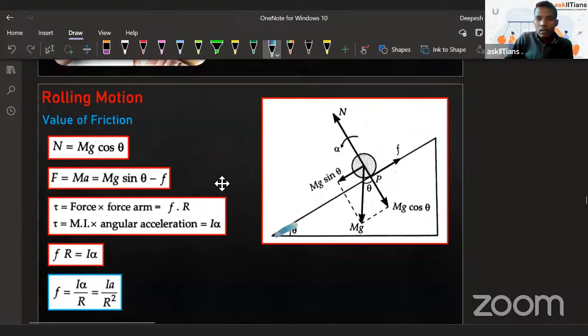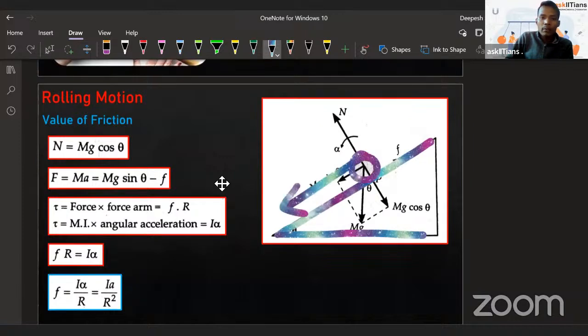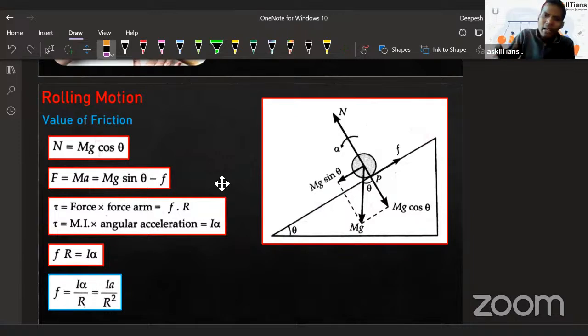This is a particular plane from which a body is rolling down like this. It can be any kind of body: a ring, a disc, a cylinder, a sphere, whatever. I will not make separate formulas for all of them. I will make a single formula that will work in all cases equally.